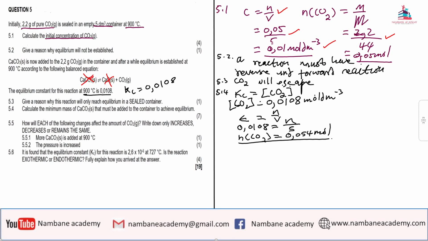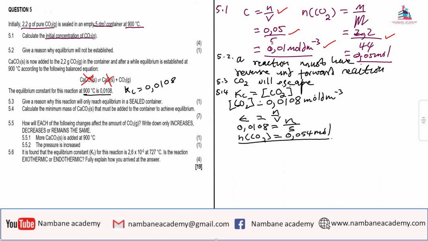But immediately after getting the number of moles, what must happen for me to link the one that is given and the one that is not given, or the one that is asked? It is easy. I need to know that initially I had 0.05, but now 0.054 moles are present at equilibrium.